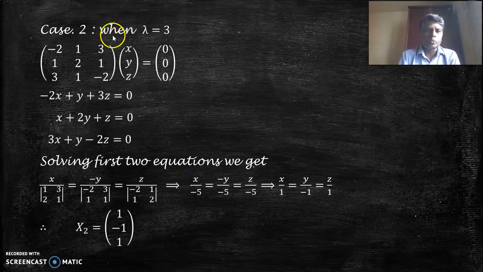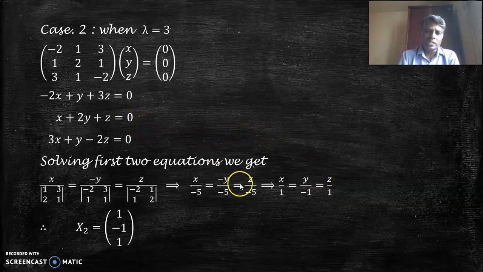So in case 2, when lambda equals 3, similarly we have to find the eigenvector of the equation like this. This is the ratio 1, minus 1, 1. Here you watch, minus 5, 5, minus 5 is also a solution of this simultaneous equation. But the ratio 1, minus 1, 1 is also a solution for this equation.